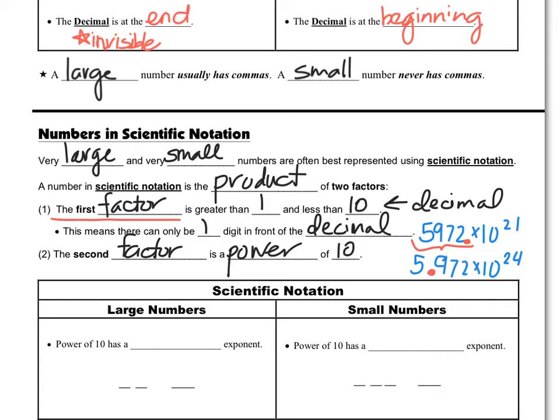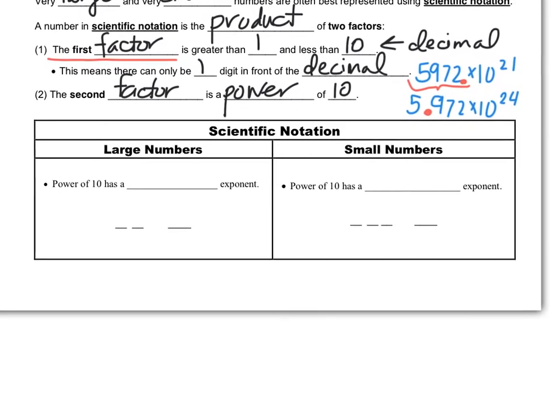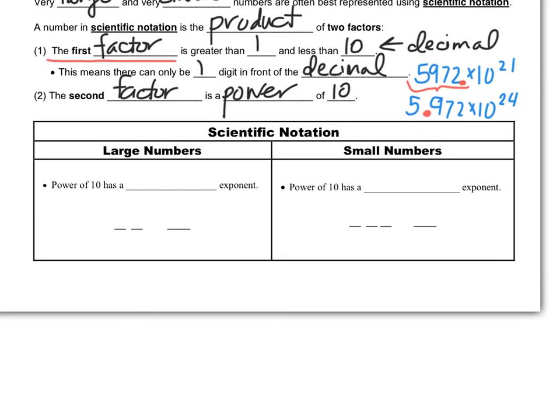So let's look at some numbers in scientific notation. A power of 10 has a positive exponent, but it can also, in small numbers, have negative exponents.